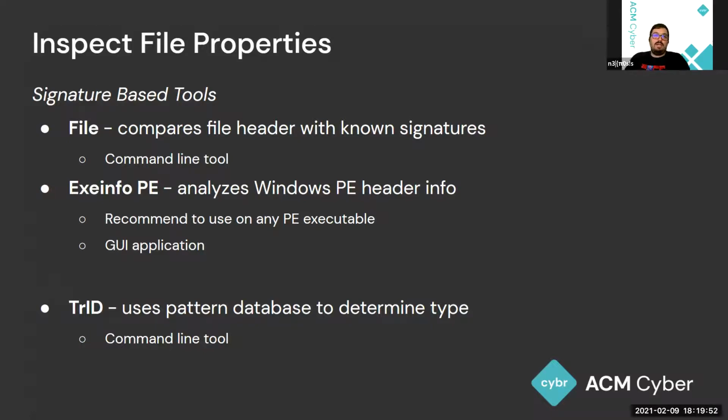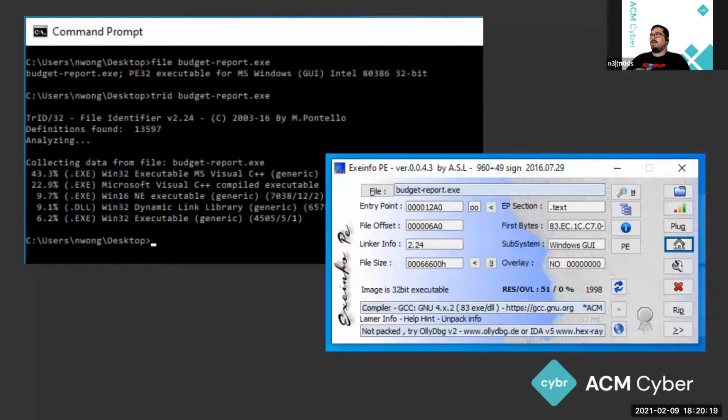Then there's exeinfo PE. PE is like a family of tools that help with file analysis, so we'll see those a lot. This analyzes the executable header info. TrID uses a pattern database to determine the type. So it's similar to what file does, but uses a database backend.